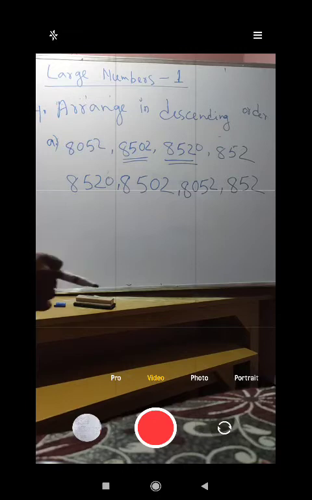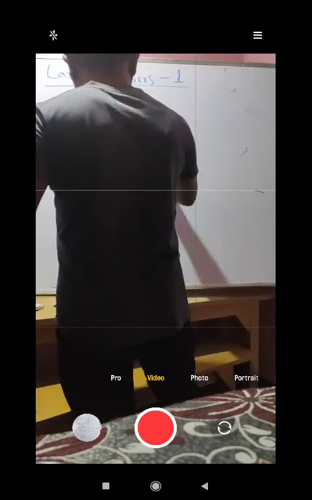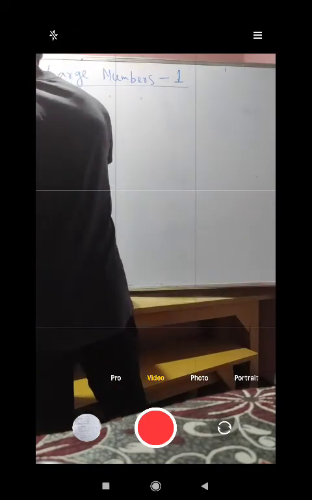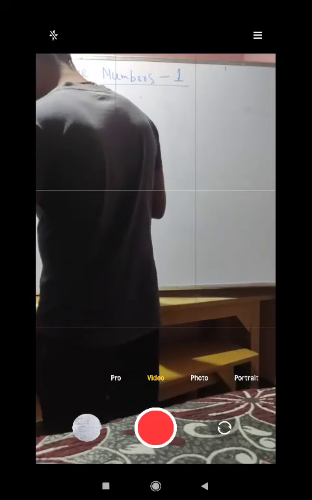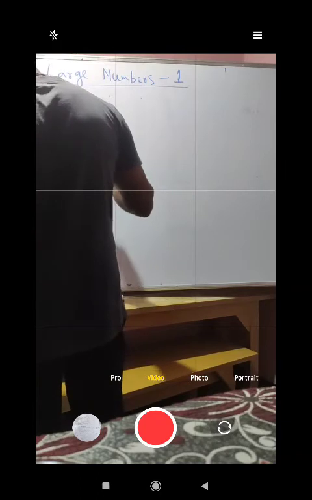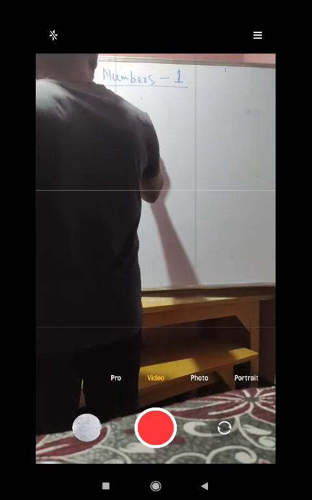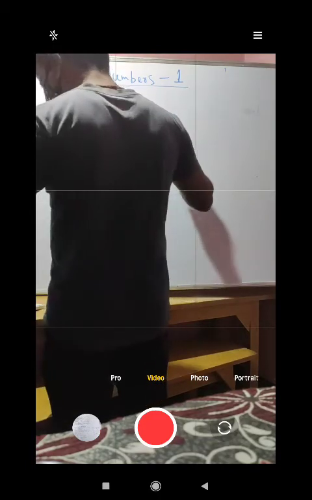Okay, now we will see number 5. Let's see what it has given. Use the digits to make the smallest and greatest 4-digit number.